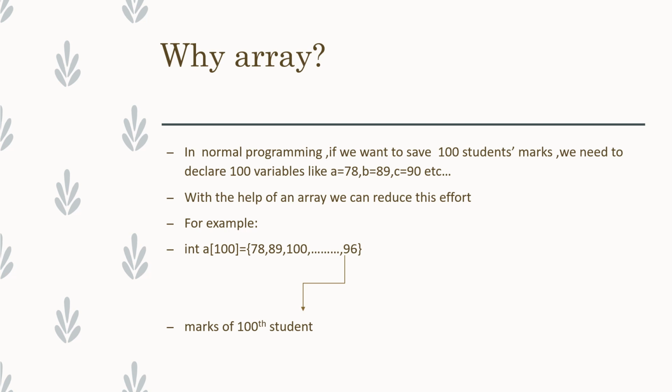That means I will be requiring 100 variables. I can say A, B, C, something like that. And I need to declare 100 variables, assigning each of them marks. For an example, A is equal to 78 will be showing enrollment 1 is having 78 marks, enrollment 2, B is having 89 marks, something like that. Suppose you do it also, you type it one by one also.